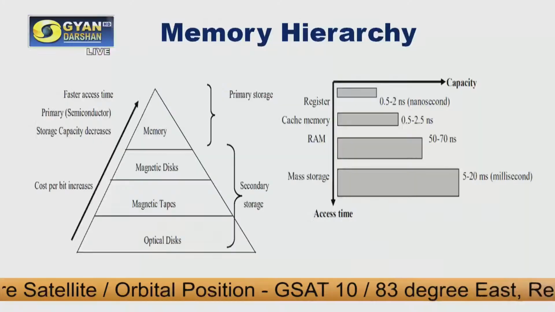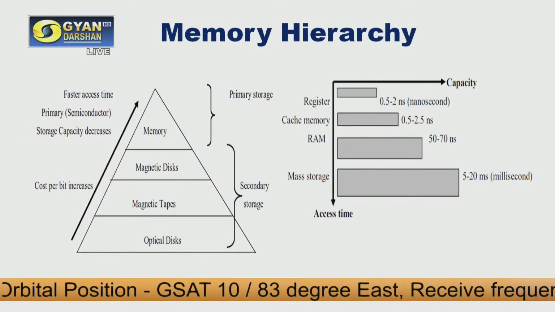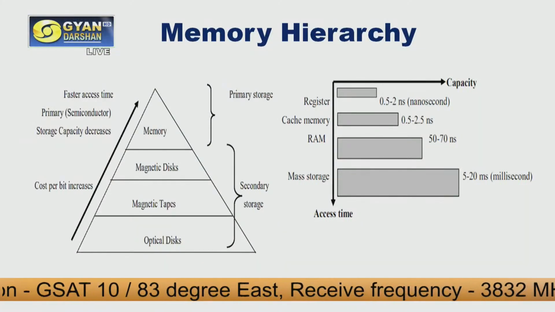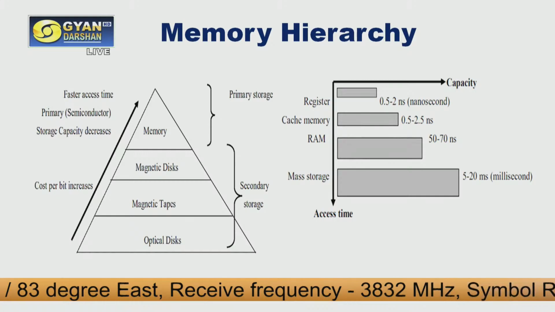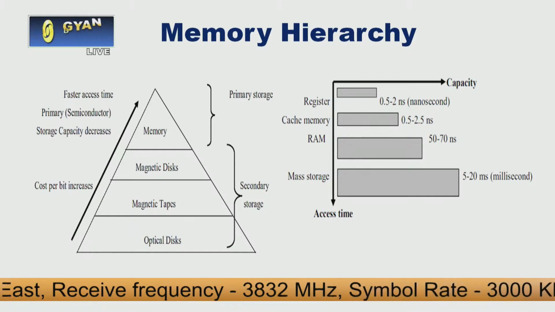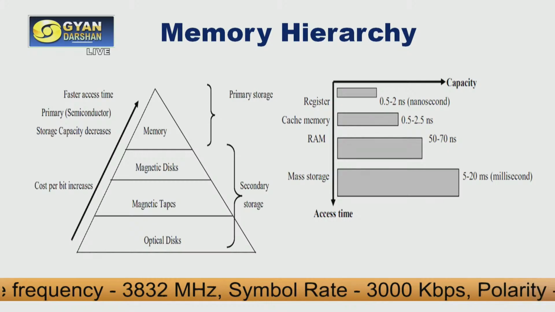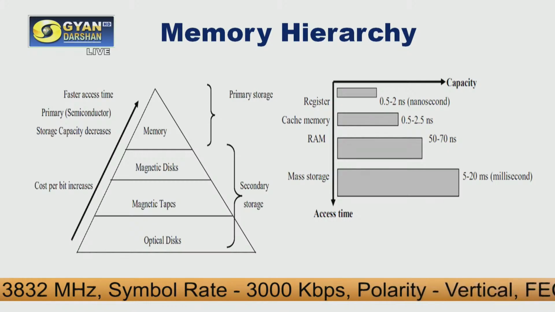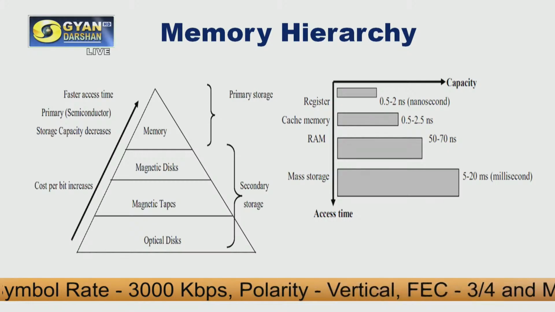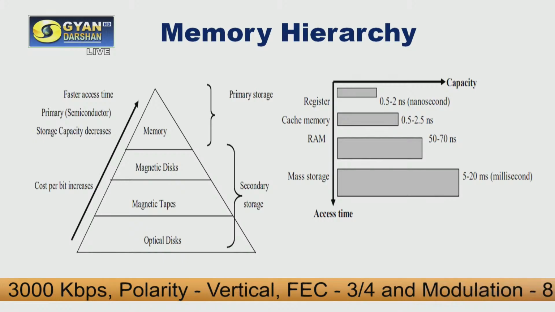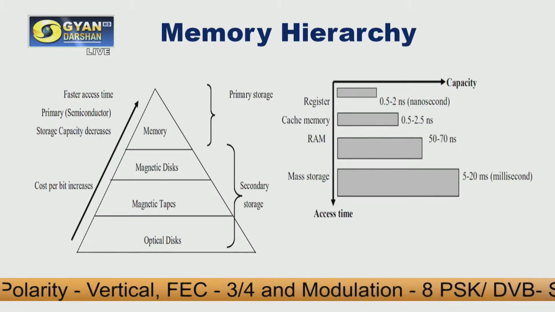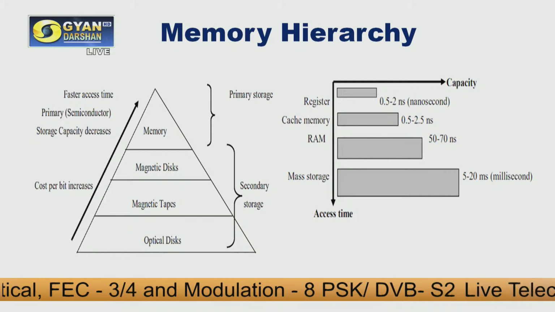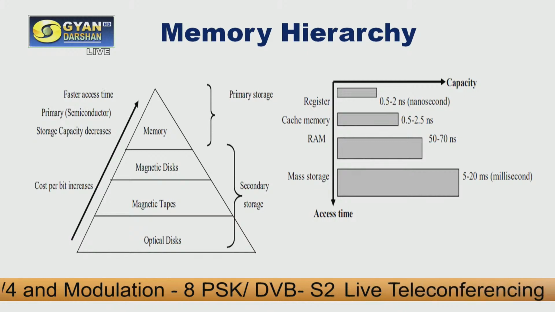Now, so far as the access time is concerned, generally registers take 0.5 to 2 nanoseconds for processing of the data, cache memories take 0.5 to 2.5 nanoseconds, and RAM takes 50 to 70 nanoseconds, whereas mass storage devices like magnetic tapes or optical discs take 50 to 20 milliseconds.